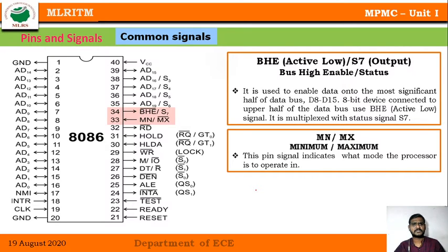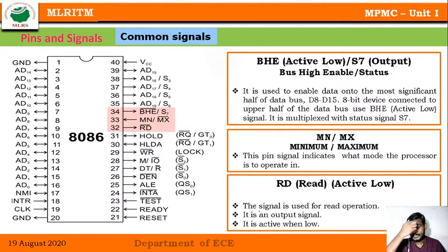When pin 33 is connected to ground, the 8086 processor works in maximum mode configuration. If the same pin is connected to plus VCC, it is operating in minimum mode configuration.